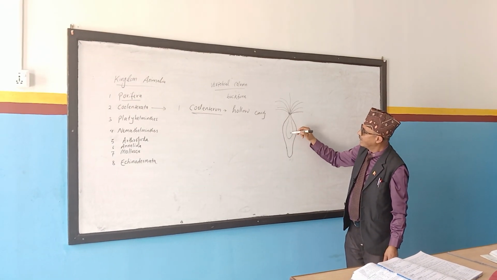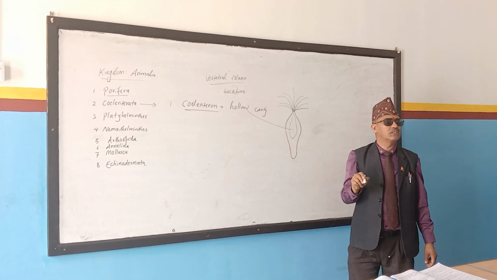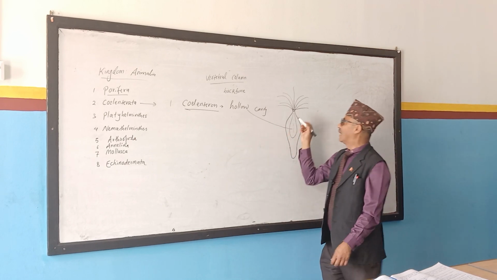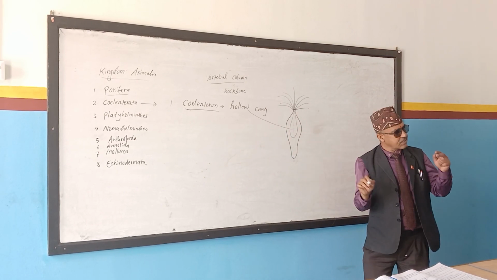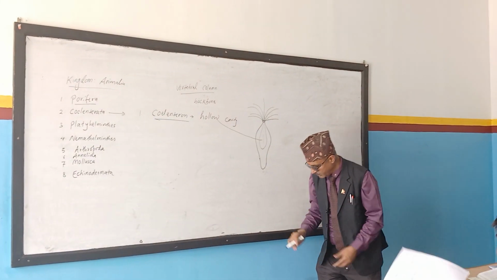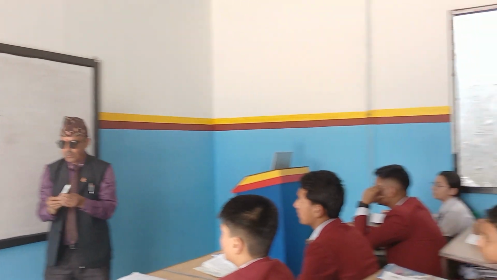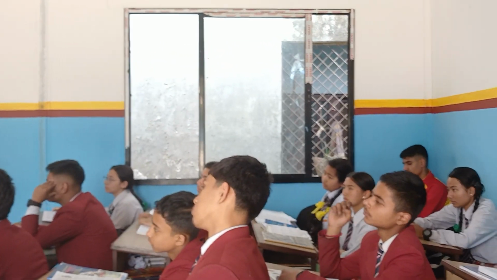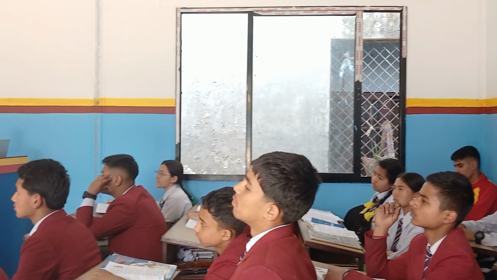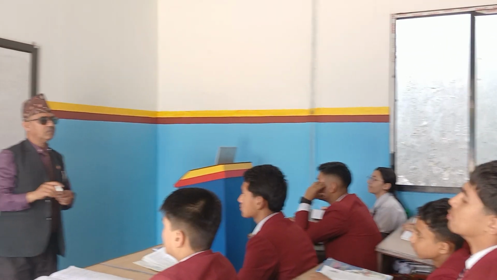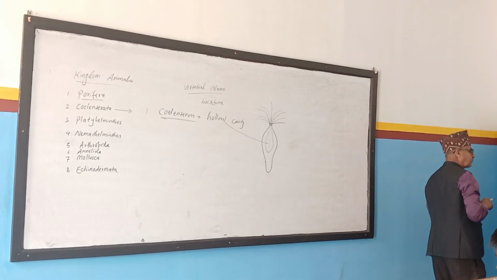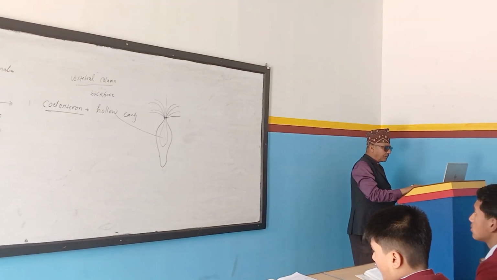This is called hollow cavity or coelenteron. And this part works as mouth as well as anus. Food enters from here, and again waste material comes out. So there is coelenteron. That's why they are called Coelenterata. Okay, that is one characteristic. We have to write major characteristics.